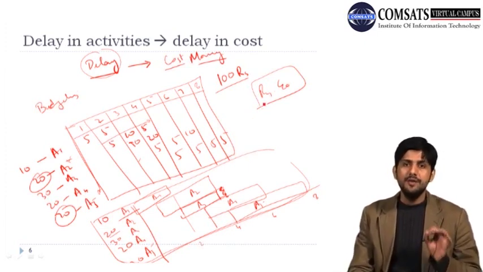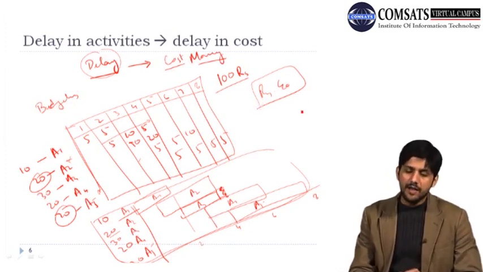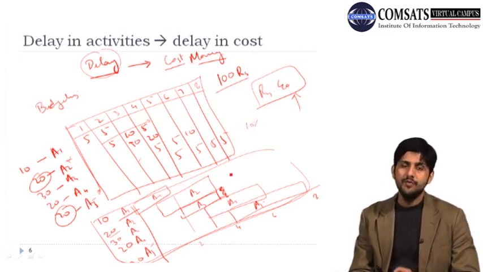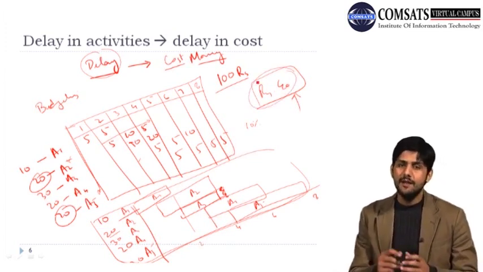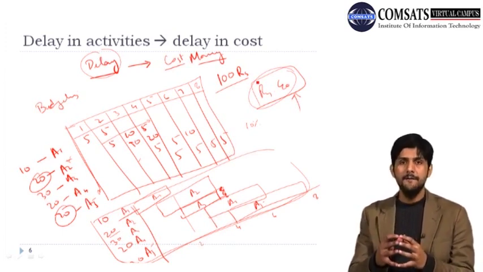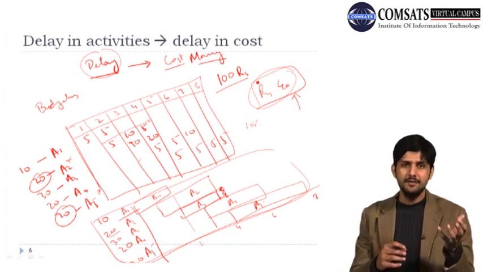So by the amount of rework that would be done in these two activities, we can add the value here. For example, we say that 10% rework would be done in those activities. So we might want to increase the cost by 10% as well. But again, these rework strategies are decided through experience.